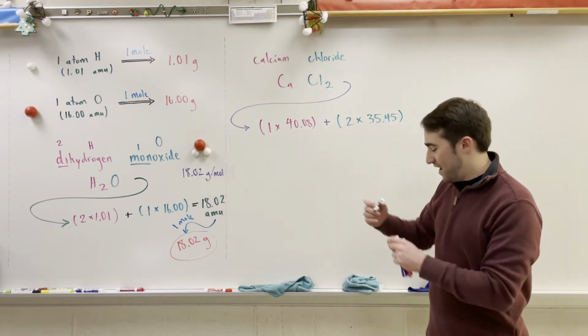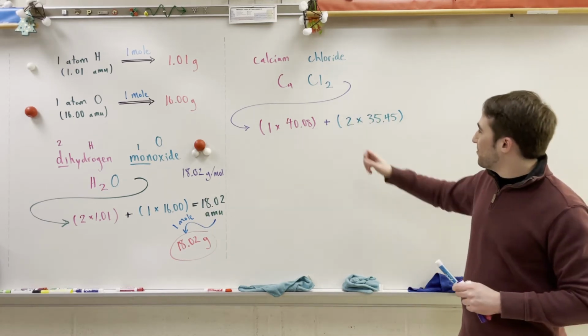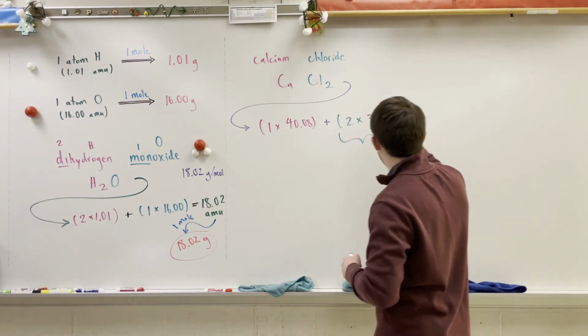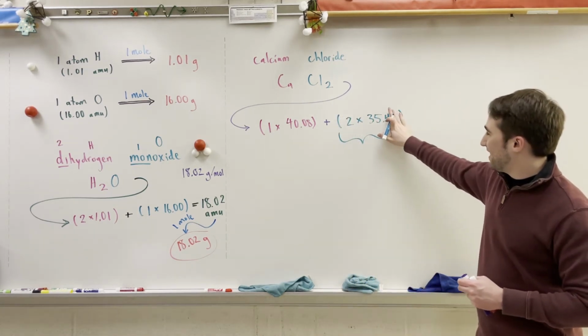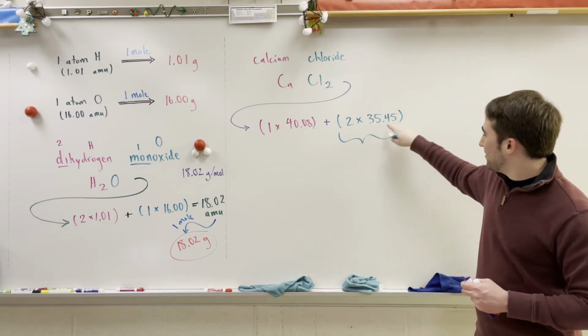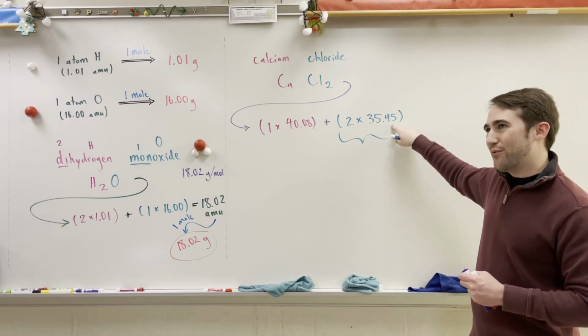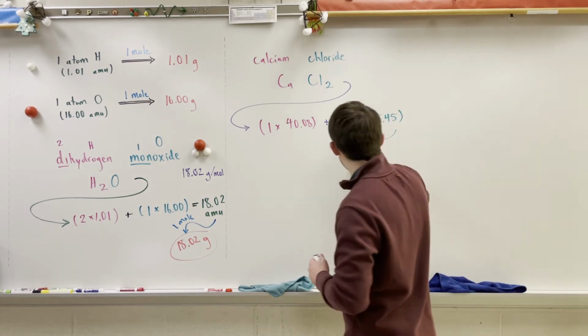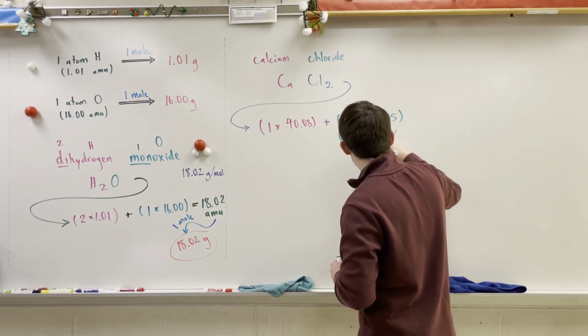And then we put this all together. So 2 times this 35.45 ends up being, let's see, 2 times the 35 would be like 70, 2 times the 0.45 would be 0.9. So altogether this should be 70.90.